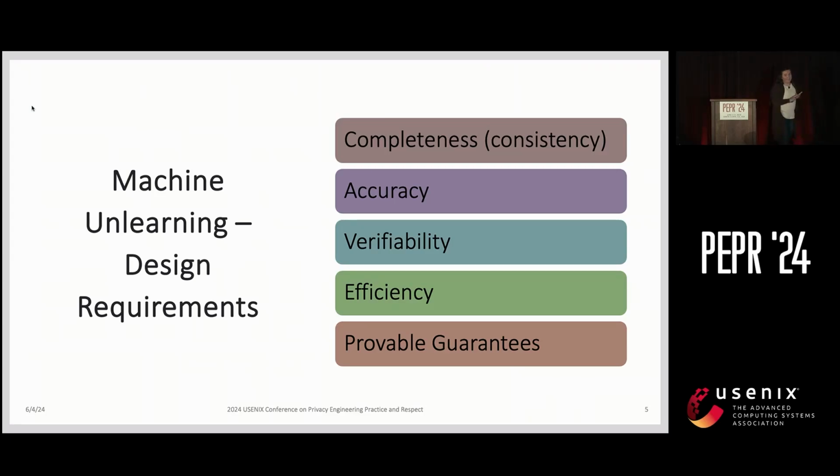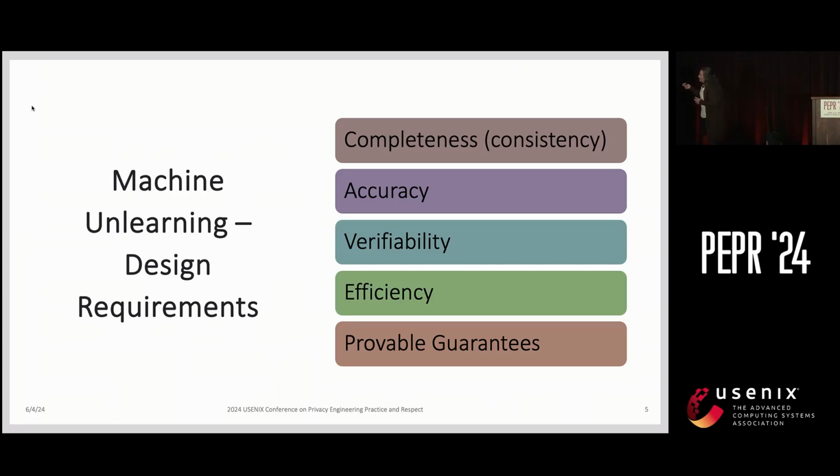But that's not enough. In addition to the similarity between these two models, you still want your unlearned model to be accurate on your testing data and when you release it in production. You want, in many circumstances, to be able to prove that you have actually unlearned the data that you were requested to unlearn. And whenever you can, you want to have provable guarantees on privacy. And by the way, not to mention, you want to have efficiency here. And all of this in a centralized setting.